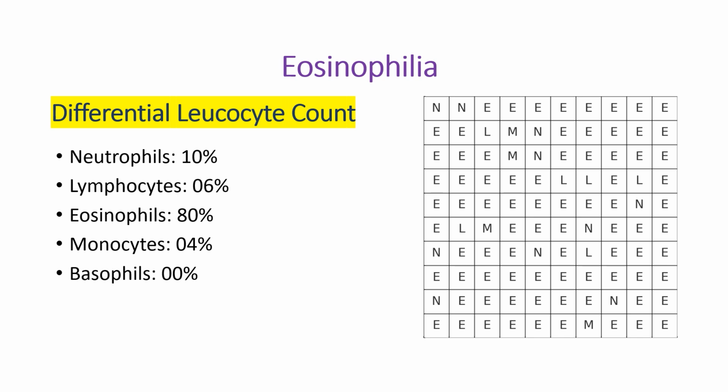But the case I've seen has a classic 80% eosinophils. So you can write something like 10% neutrophils, 6% lymphocytes, 80% eosinophils, and 4% monocytes. And once you write this, you also need to count everything. 10 plus 6 is 16, 16 plus 80 is 96, and 96 plus 4 is 100. Make sure that when you add up everything, you get a value of 100.